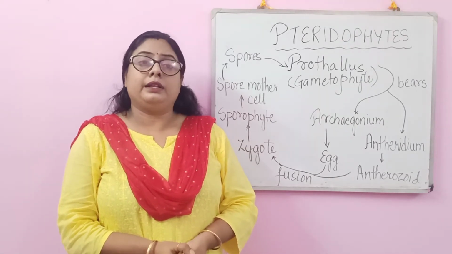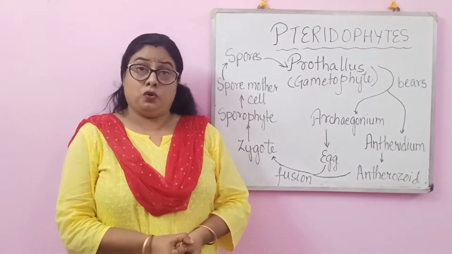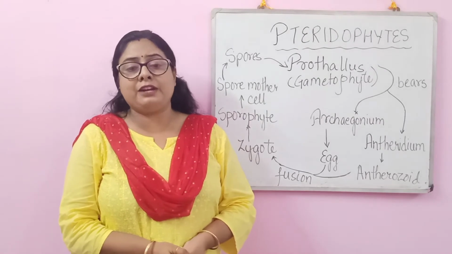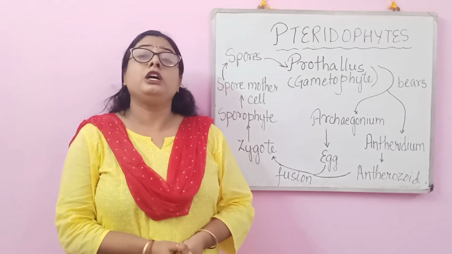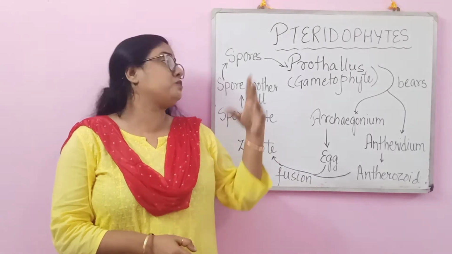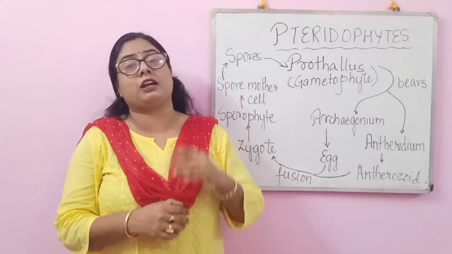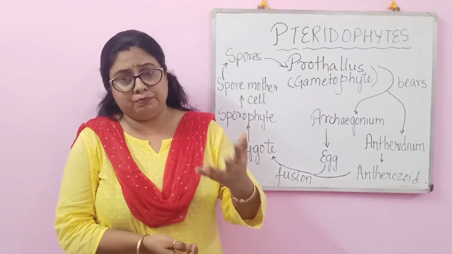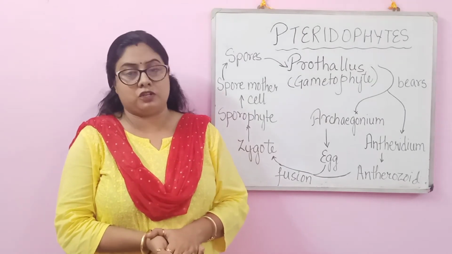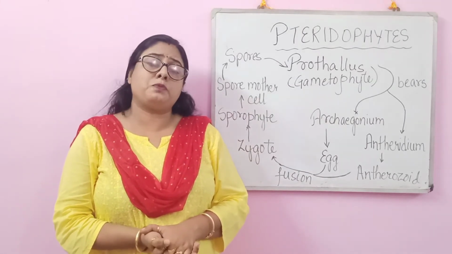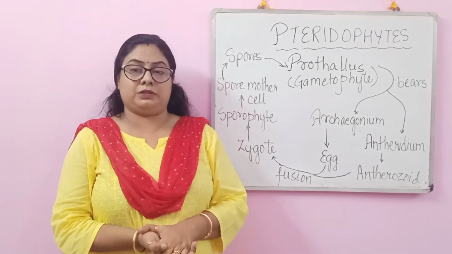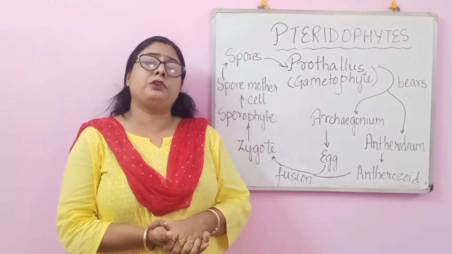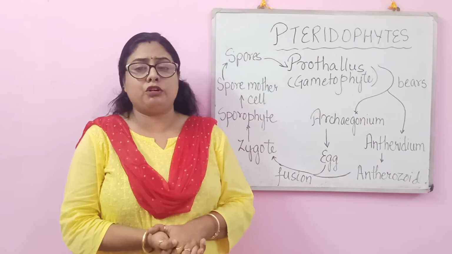As I said, the Pteridophytes produce homospores and heterospores. The heterospores produced by the Pteridophytes are of two types, namely the microspores and the megaspores. The microspore produces the male gametophyte, and the megaspore produces the female gametophyte.